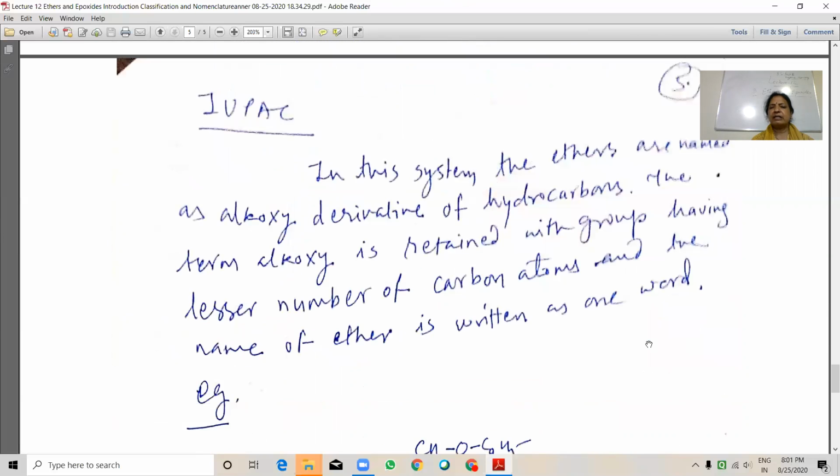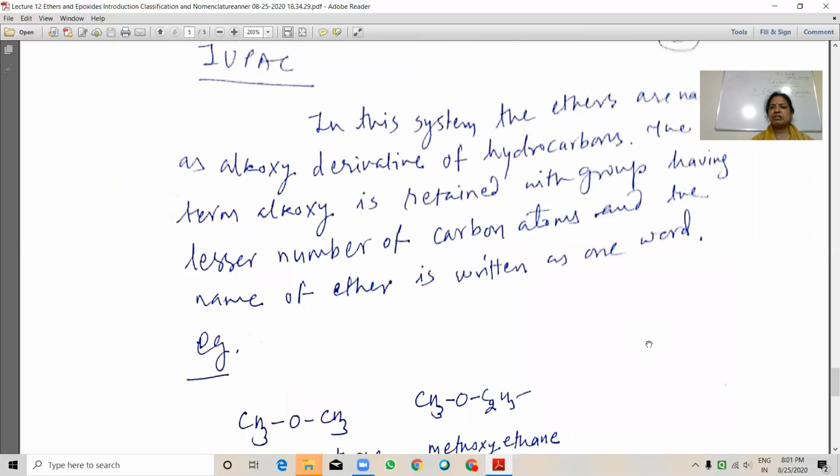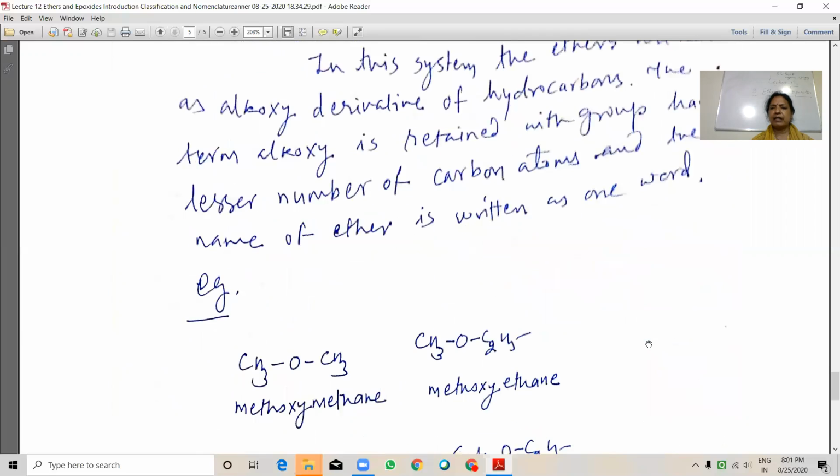IUPAC nomenclature. In this system, the ethers are named as alkoxy derivatives of hydrocarbons. The term alkoxy is retained with the group having the lesser number of carbon atoms, and the name of the ether is written as one word.